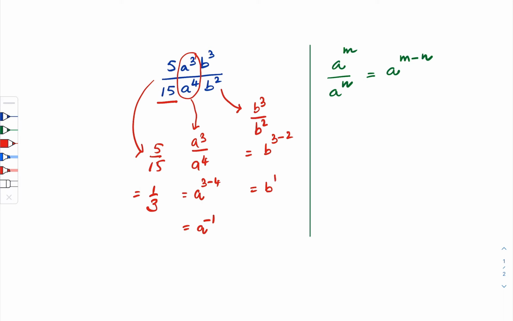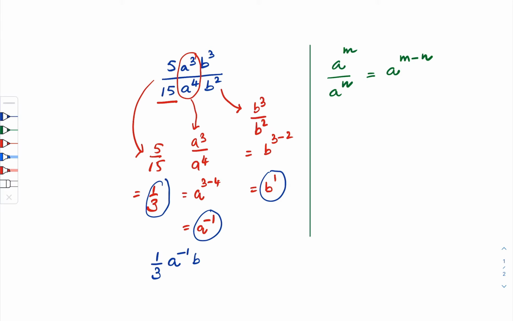Now let's put them all together. We take the 5 over 15, which simplifies to 1 third, the a raised to negative 1, and the b. So we get 1 third times a raised to negative 1 times b.